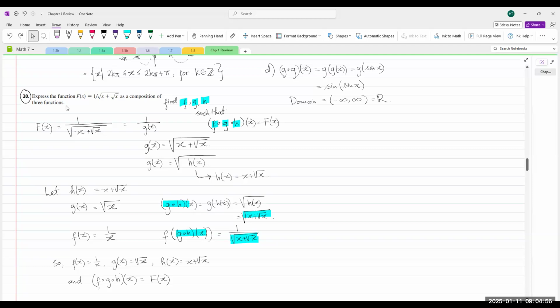Okay, so basically, can we break these complicated functions in 3 steps? If we need to build this function, how do we build it?